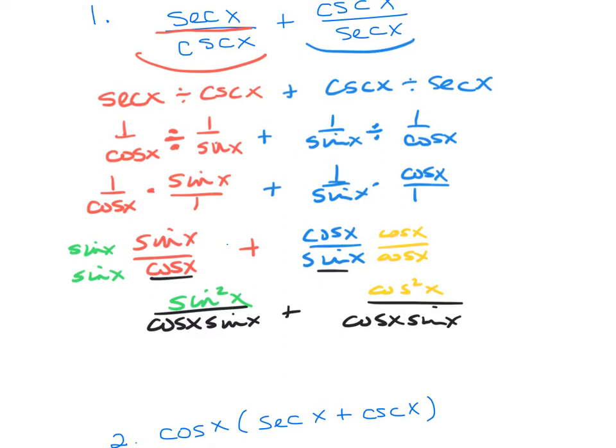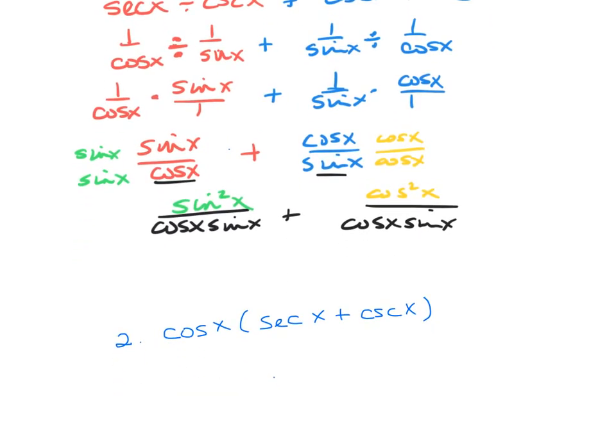And now I have the same denominator under both. So now I can just add my numerators. That's a plus sign. Let me separate that a little. So sine squared x plus cosine squared x over cosine x sine x.